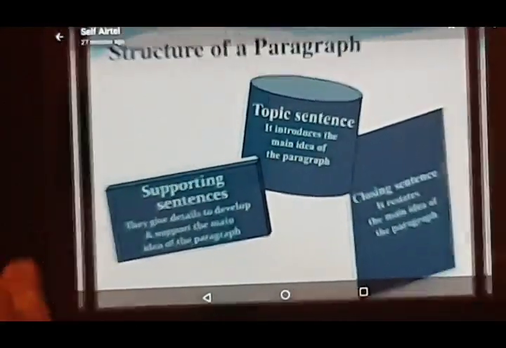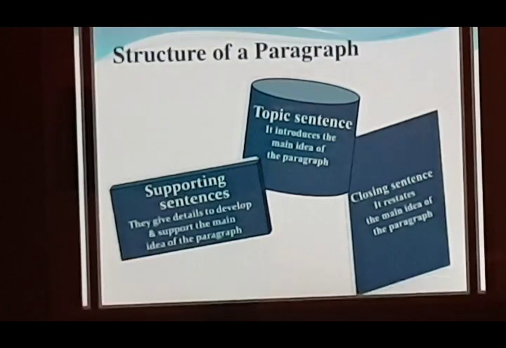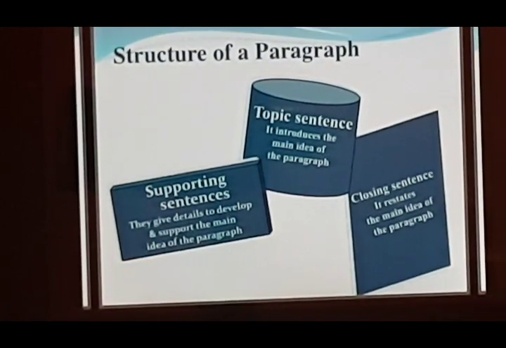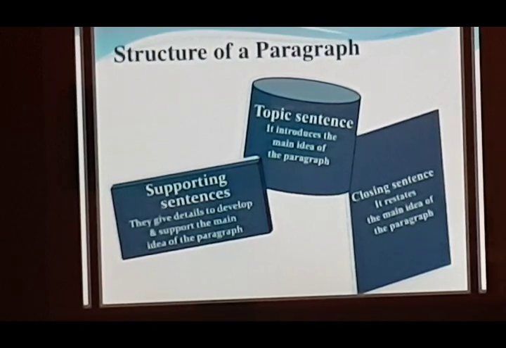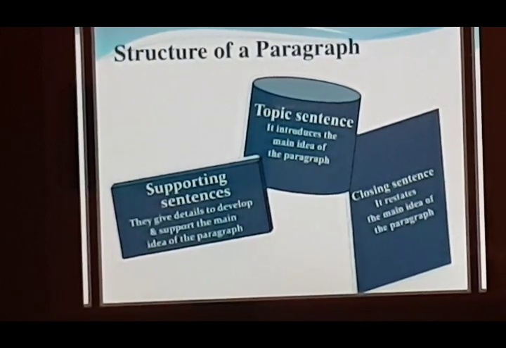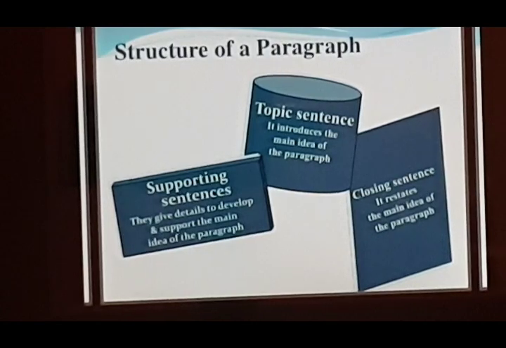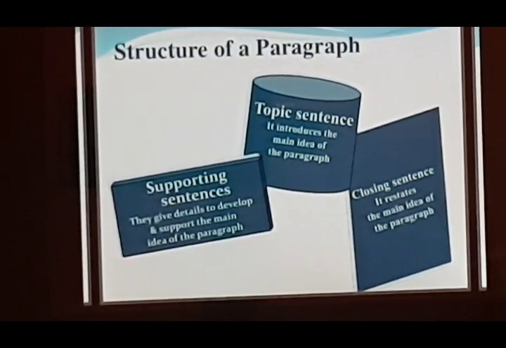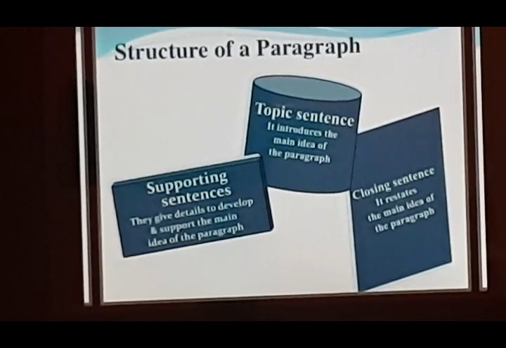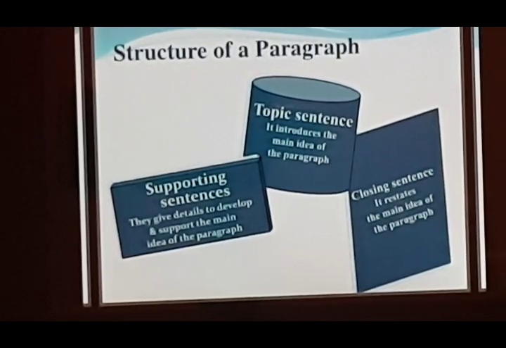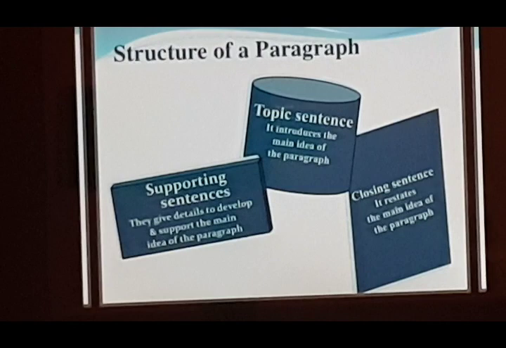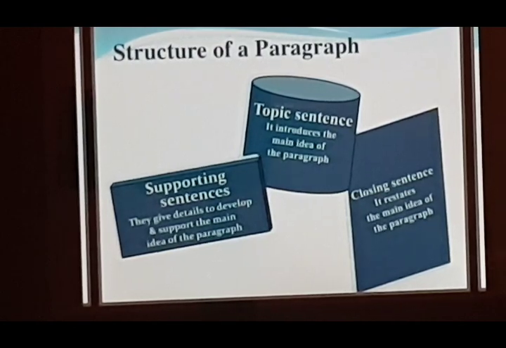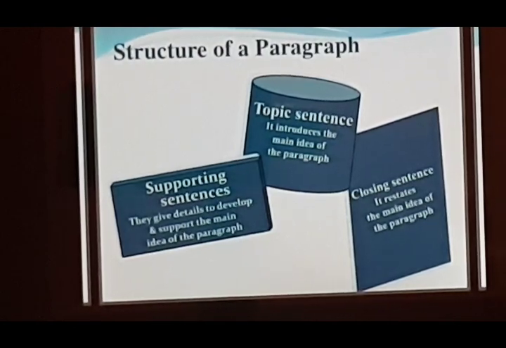So, structure of a paragraph. What are the components of a paragraph? How we should write it and what all it contains. So basically it is divided into three parts. First is the topic sentence. Topic is the main topic or the main subject. So in the beginning, in the introduction, we get to know what the paragraph is about. That is the main topic of this composition of writing.